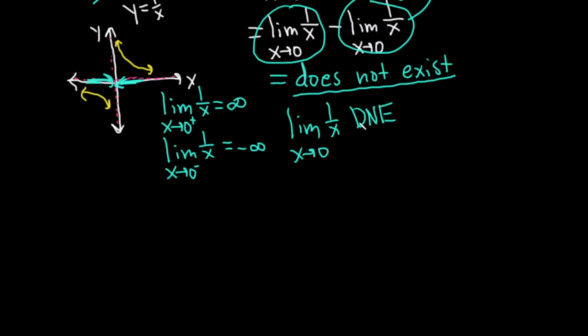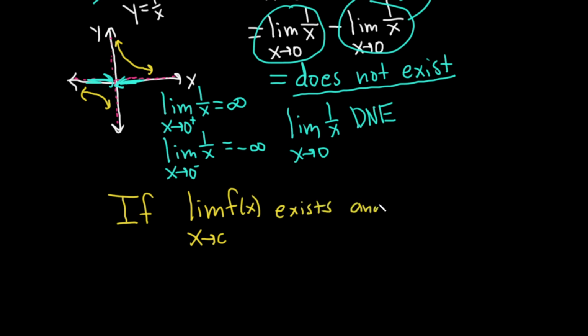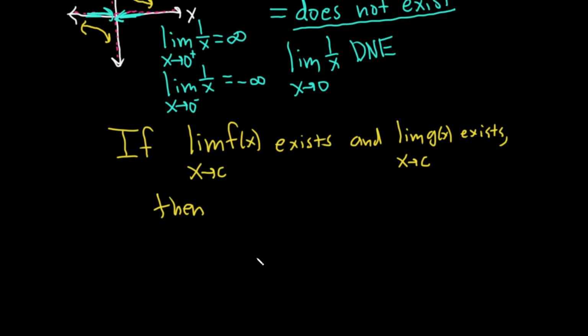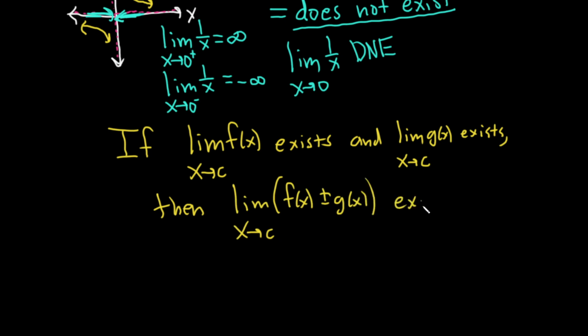If you recall from calculus, if you've taken calculus, or maybe you will be taking it, there is a statement that says if you have a limit as x approaches c of f of x, and this exists, in other words, it's equal to a number, and if you have the limit as x approaches c of g of x, and that also exists, in other words, it's equal to a number, then the limit as x approaches c of the sum and difference, so f of x plus or minus g of x, exists.